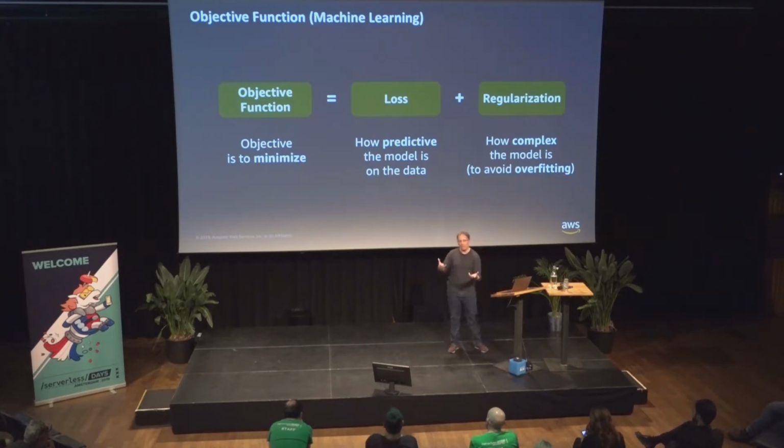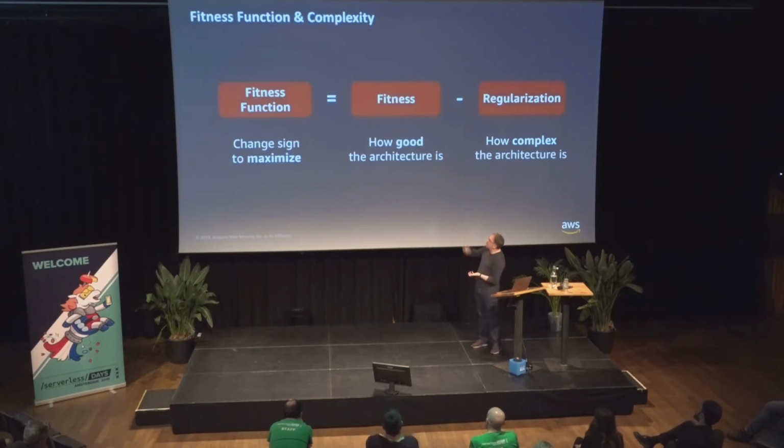So if you add complexity and want to keep the objective function low, you need to reduce the loss a lot. So these two terms work very well. And this is similar also for fitness. In the case of the fitness function, we want to maximize the value and the fitness of our architecture.